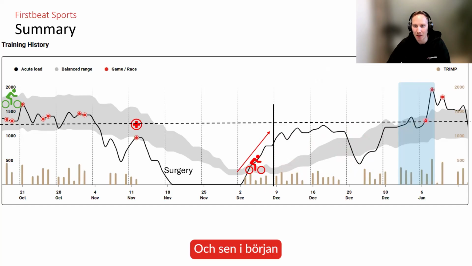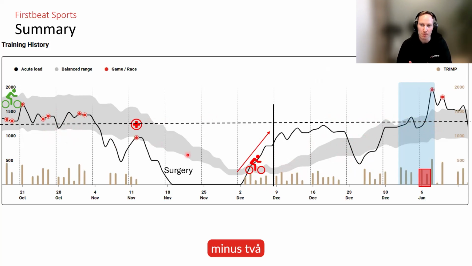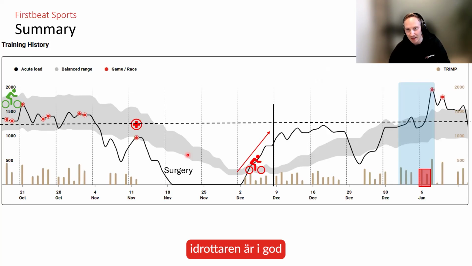And then at the beginning of year 2025, we are roughly on the same level as pre-injury in terms of acute load. And there, before the game, we are comparing game day -2, game day -1 values to the pre-injury values to make sure that the athlete is in a good condition.